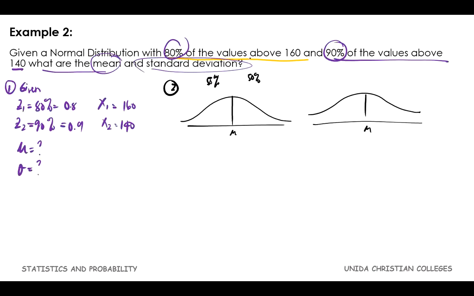Eh sabi doon, 80% daw ng value ay above 160, mas mataas kay 160. Okay? Yung 80%. So, meaning, this is 160 and ito yung 80%. Kasi alam natin na ang sum neto class is 100%. Eh, ang sabi doon, yung value na 160, may mas mataas sa kanya na 80%. Okay? So, yung itong yellow na yan class, that is the 80%.